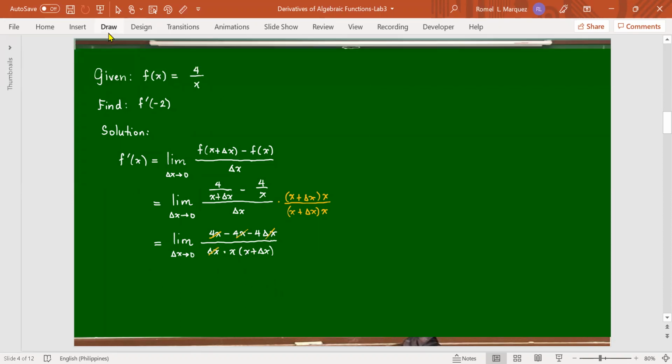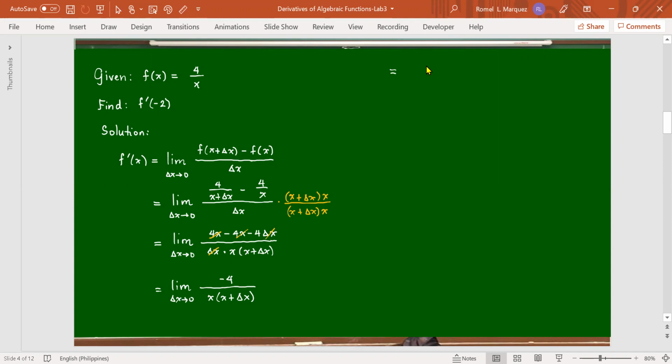We are now left with this expression here inside, simply negative 4 over x plus delta x. Can we now get the limit of this, guys? Yes. Let's evaluate now the limit.